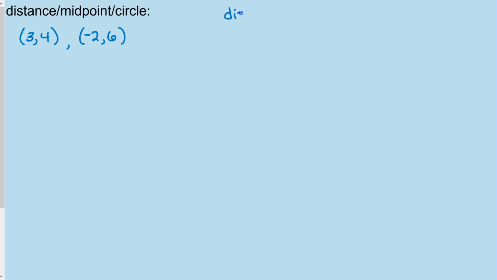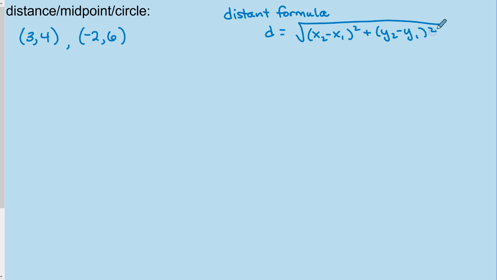Remember, the distance formula is just based on the Pythagorean theorem. I'm not going to go into all of the theory right now since we're just doing a quick review. The distance formula is the square root of the change in x coordinates squared plus the change in y coordinates squared. And so if we want to find the distance, we would have the square root of the change in x coordinates would be 3 minus -2, and then that needs to be squared, plus the change in y coordinates would be 4 minus 6, and that needs to be squared.